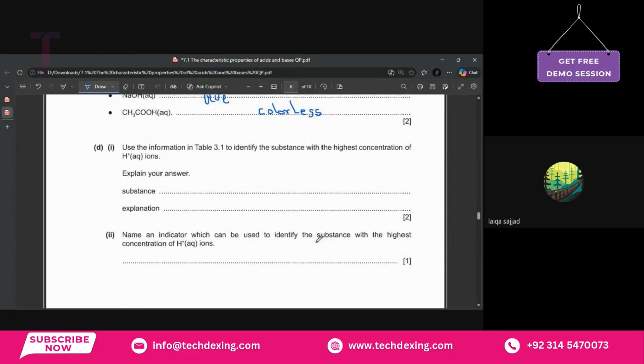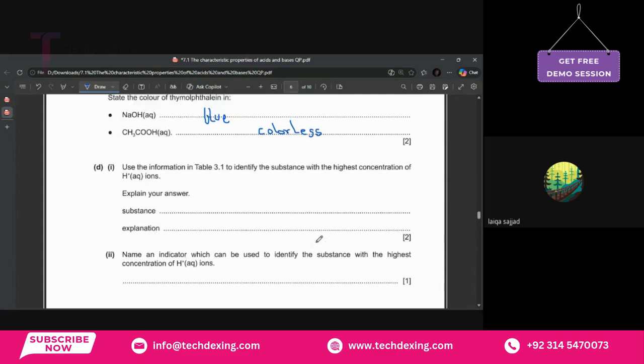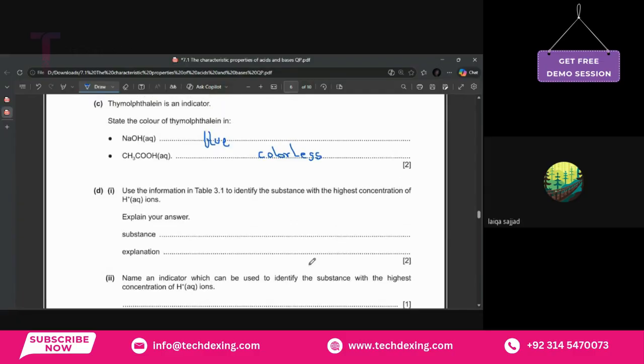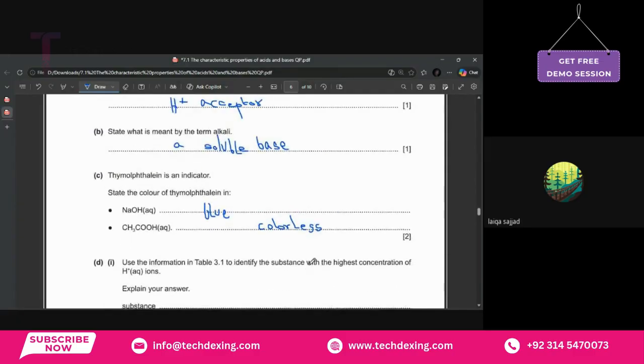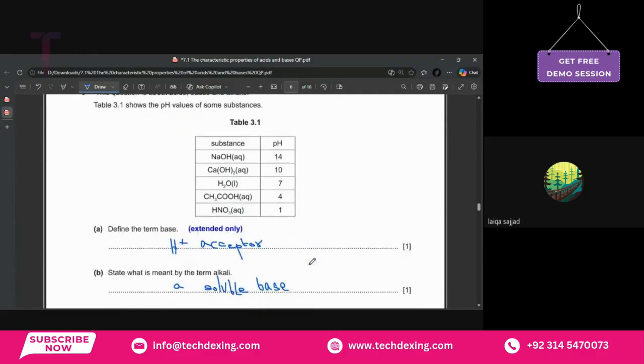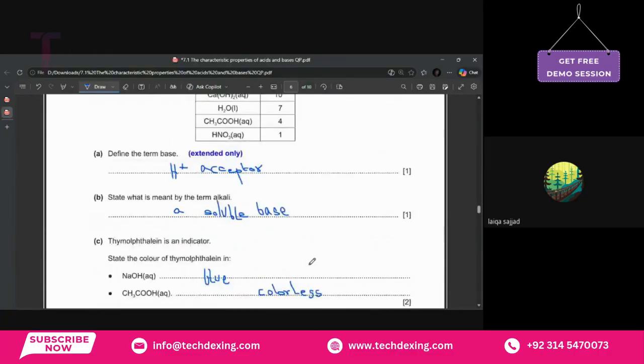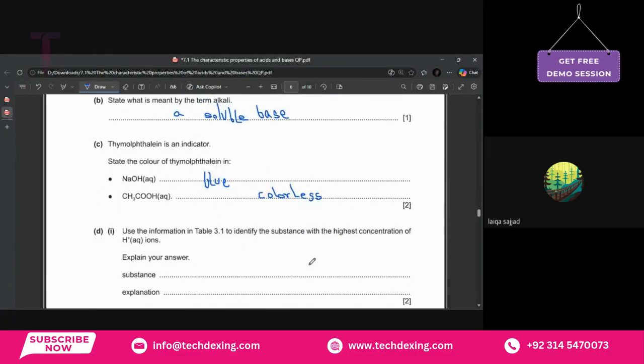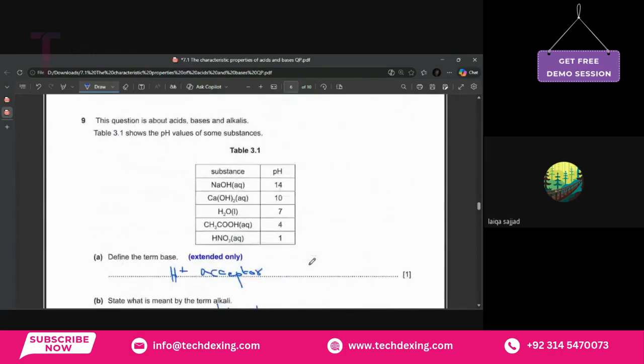Using the information given in the table, you have to identify the substance with the highest concentration of H plus ions. Explain your answer. First, you have to look for the substance with the highest concentration of H plus ions, and then give the explanation.